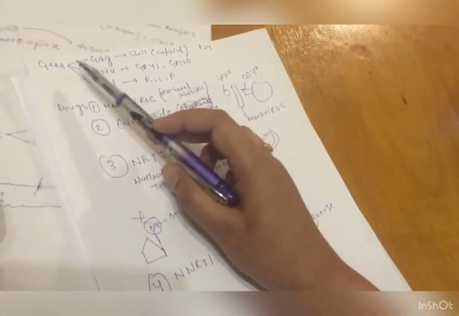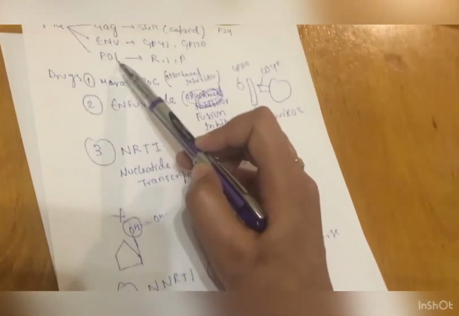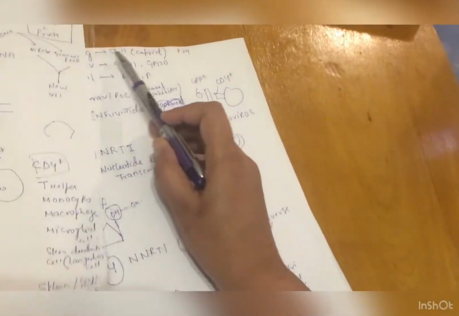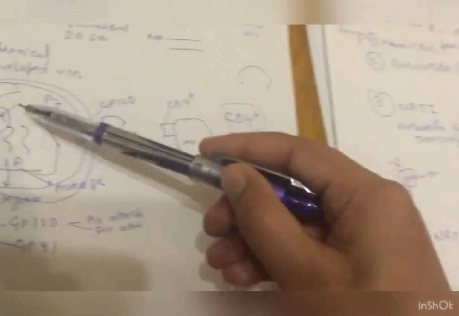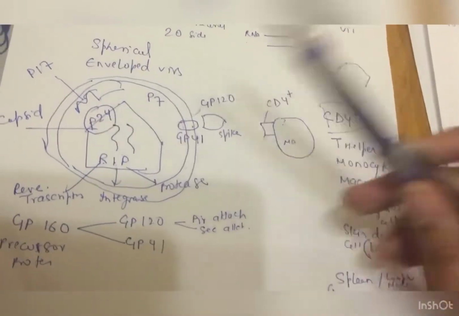Now about genes. There are 3 genes: GAG, ENV and POL. What is the function of the GAG gene? The GAG gene helps in formation of the core and capsid, and on the capsid there is P24 protein.